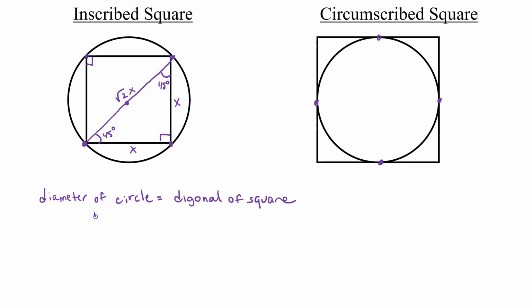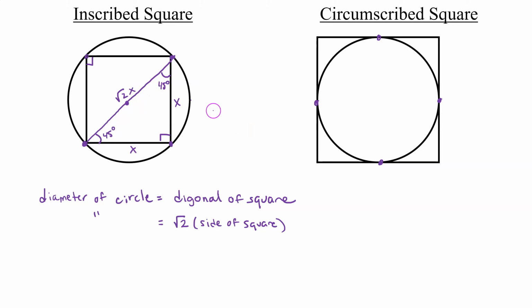So the diameter of the circle is equal to root 2 times the side of the square. Instead of the diagonal or diameter being equal to root 2 x, we say it's equal to root 2 times the side of the square, because the side of the square is x.